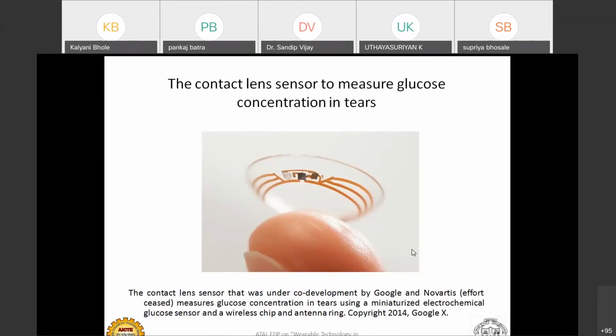The sensor is placed on the contact lens, which is used on the eye, and it measures glucose concentration in tears. You can see this is a miniaturized electrochemical glucose sensor. Everything is placed on this contact lens itself, even a wireless chip and antenna rings. This effort was made by Google and Novartis, I think in 2014.